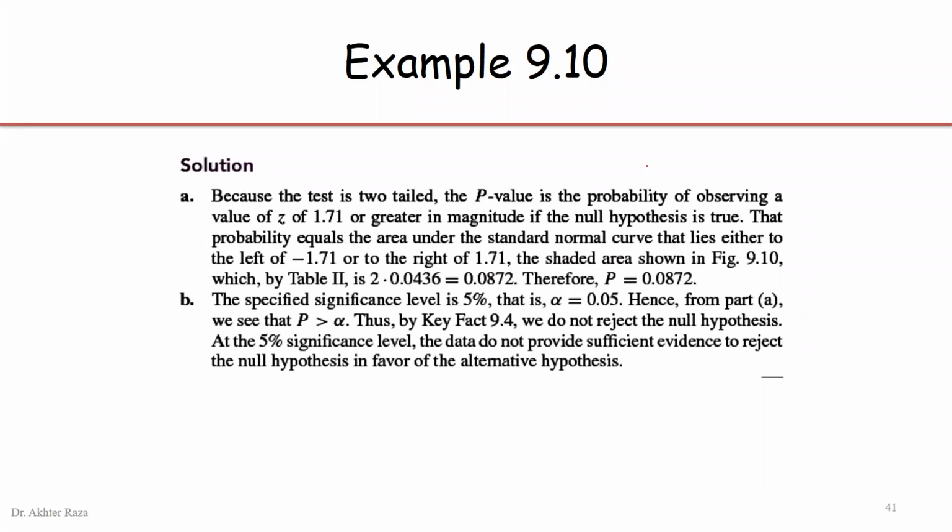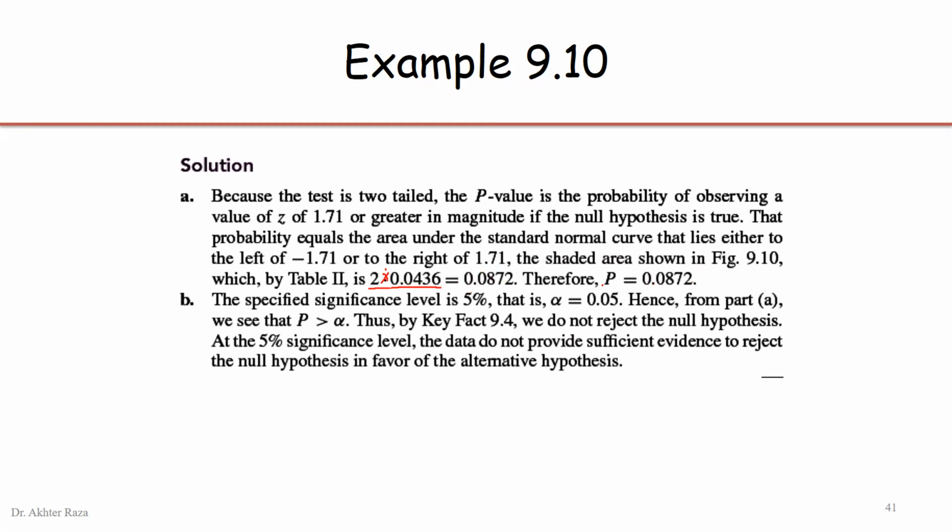The p-value against 1.71 greater than, or minus 1.71 less than, is this 0.0436, and it will be doubled, two times this. This is not 2.0. This is 2 multiplied by 0.0436, and it is equal to 0.0872.